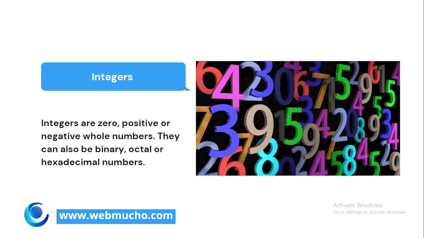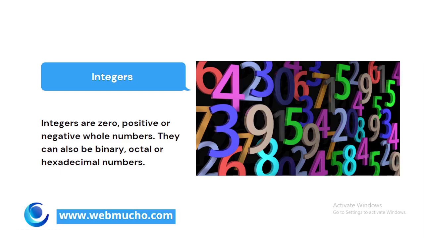So what are integers? Integers in Python are 0, positive or negative whole numbers. This stems from our understanding of basic maths, where we're basically working with numbers. Numbers allow us to do computations, perform all sorts of operations, and so on.